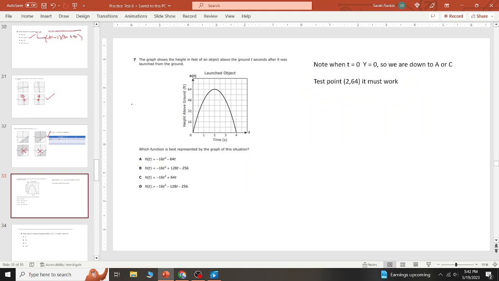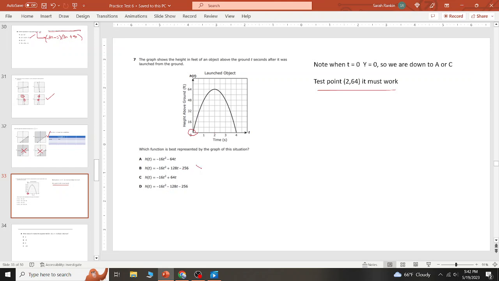All right, the graph shows the height in feet of the object launched from the ground. Notice when t was 0, it had a height of 0. It goes up to a maximum of 64 feet. So a couple things we could do. We could test the point (2, 64) and see if it works, and plug them into the equations, right?